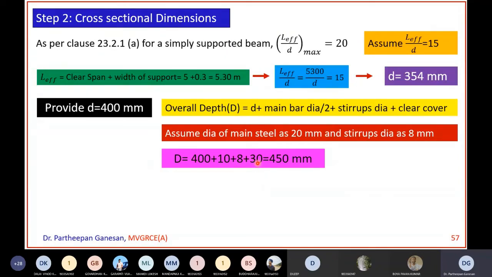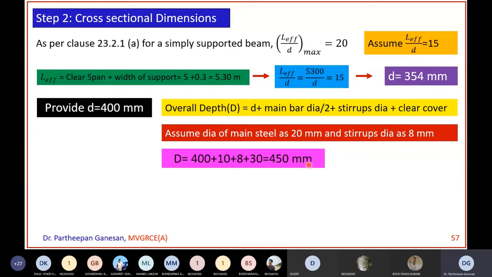Obviously, nowhere in the world they will provide 448 mm as an overall depth. So you can make it a whole number, 450 mm. Everything is approximated only, but it should be within the limit. That is the only point. So you need not ask, sir, it is coming 448.23, why you are putting 450 mm?